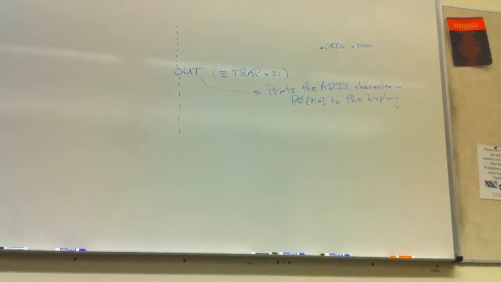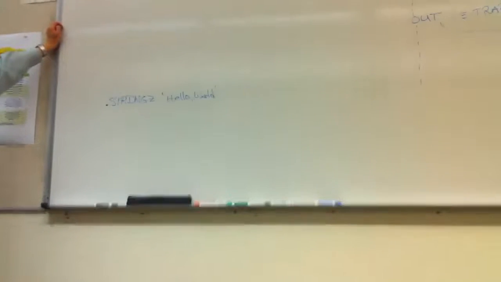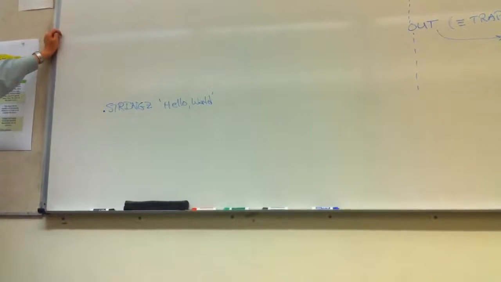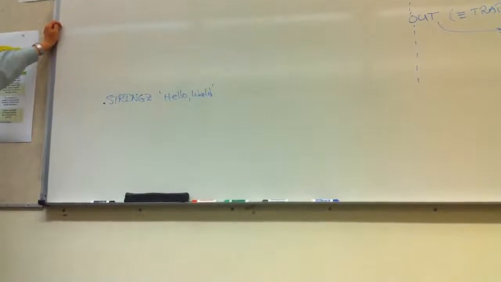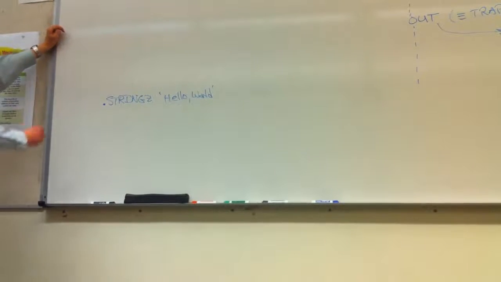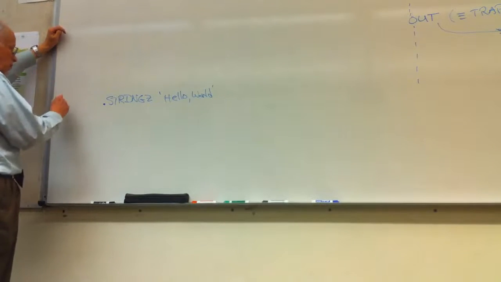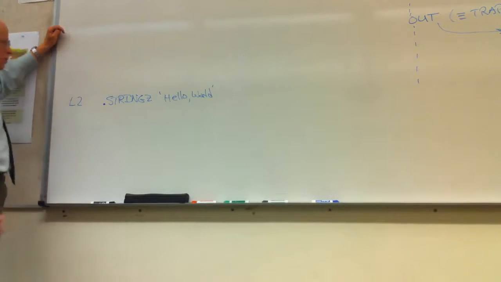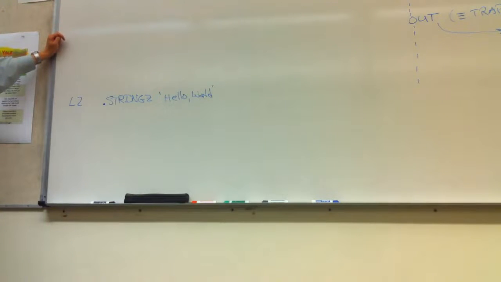Okay, so if we write our semi-traditional first program, print hello world, we might do this kind of thing here. Put a label of some kind on it, doesn't matter, whatever kind of a label you want.